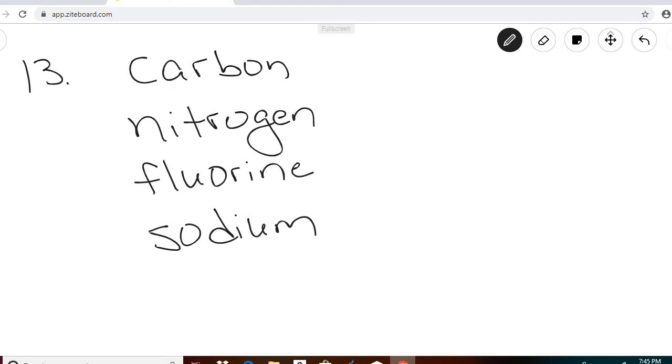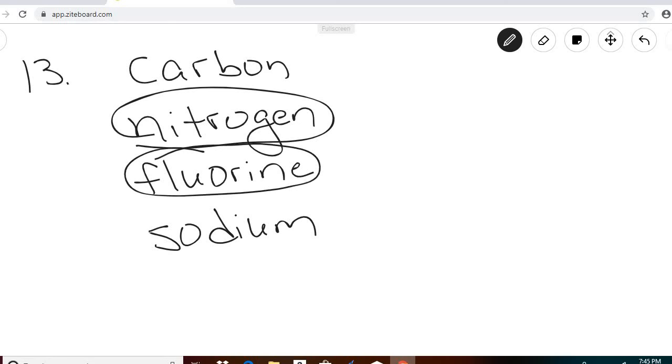And the answers are nitrogen and fluorine. So if they exist by themselves, not bound to anything except themselves, then they would always be written with a 2. N2, nitrogen gas, fluorine gas, F2.